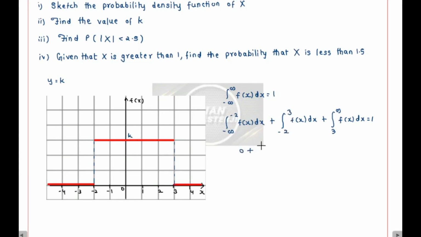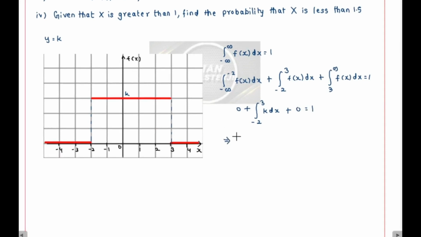It is taking the value k. So I can say this is the integration of k with respect to x when x is varying from -2 to 3, plus for 3 to infinity, f of x is again taking value 0. So the integration value here will be equal to 0, and this total integration will be equal to 1, correct?